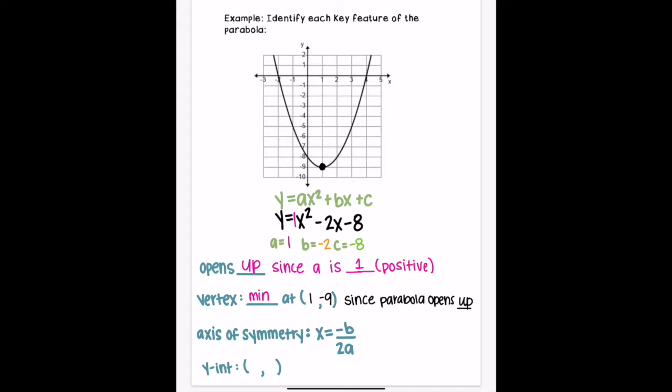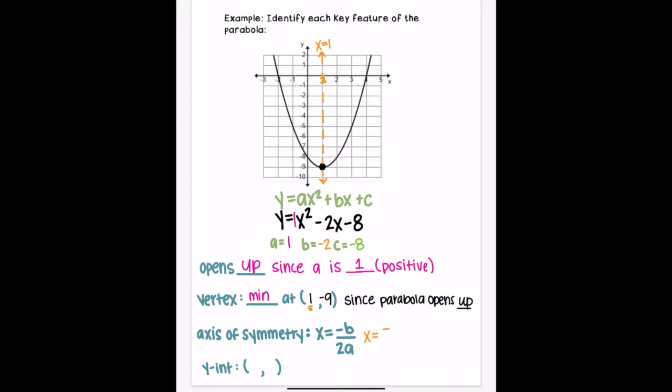Now the axis of symmetry. The axis of symmetry is the vertical line that goes through the vertex. From the graph, we can see that that goes through the x value of 1. We can see that that x value of the vertex is 1, but we can also use this formula if we were not given the graph.